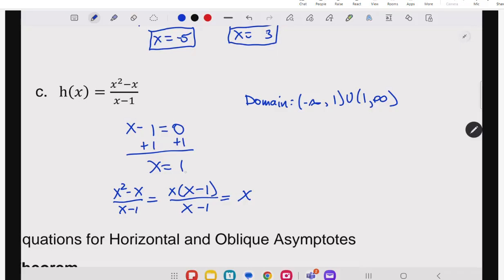So this function would not have any vertical asymptotes because the only one that we found is reduced. It's considered extraneous. And in fact, when you graph this function, since h of x equals x, it's a diagonal line with a hole in it at x equals 1.